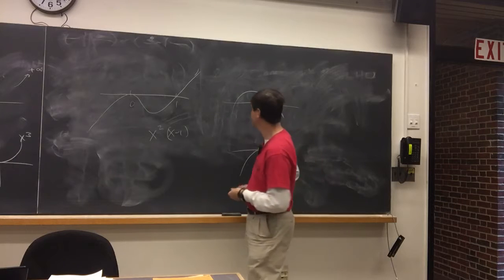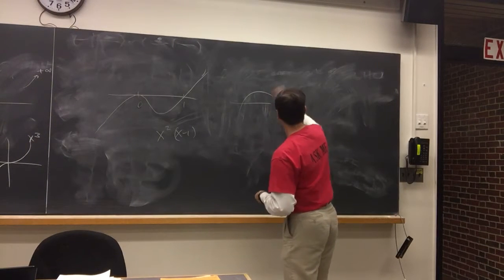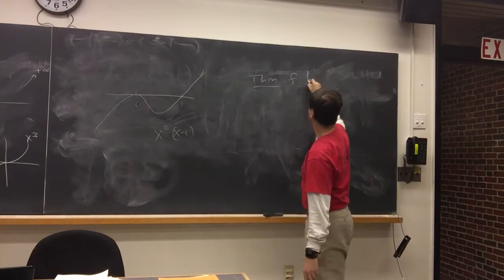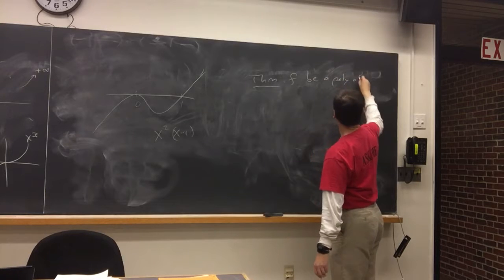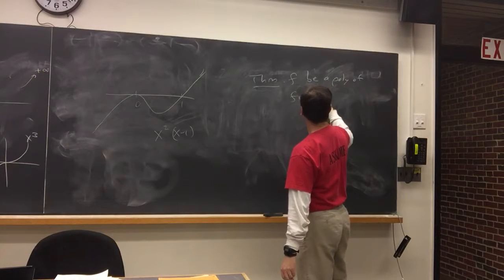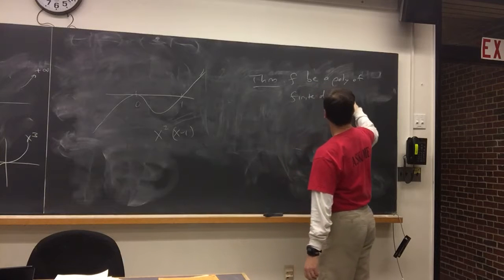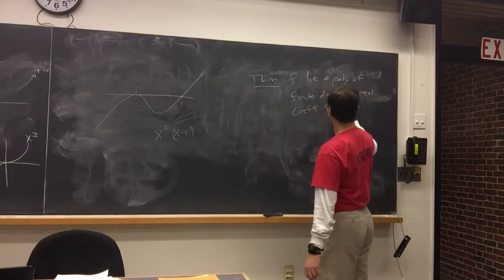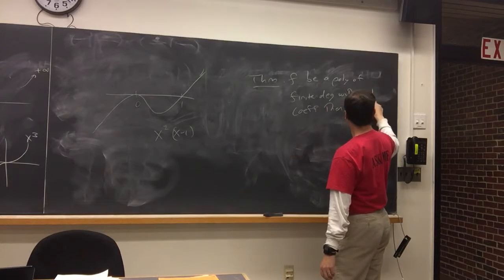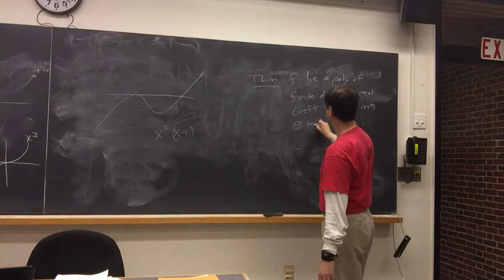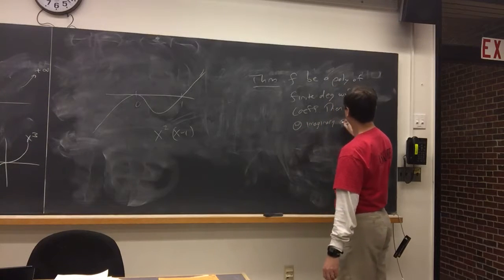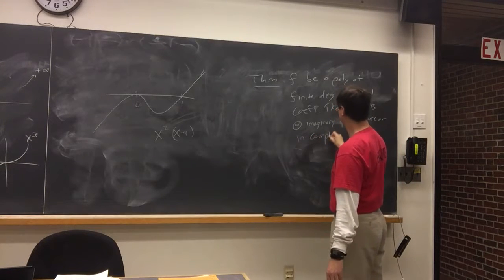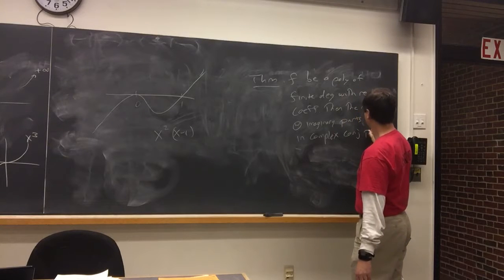So it turns out there's a really nice theorem. Let f be a polynomial of finite degree with real coefficients. Then the roots with imaginary parts occur in complex conjugate pairs.